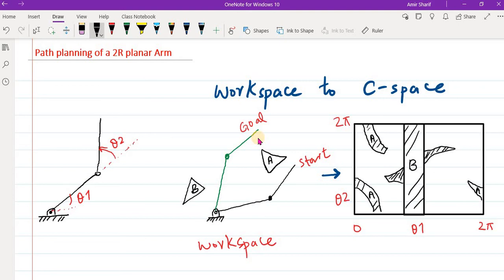Depending upon the value of theta 2, there is a chance that it will collide with the obstacle. So that's how we map the obstacles from the workspace to our C space.